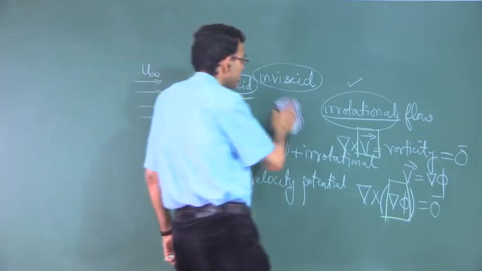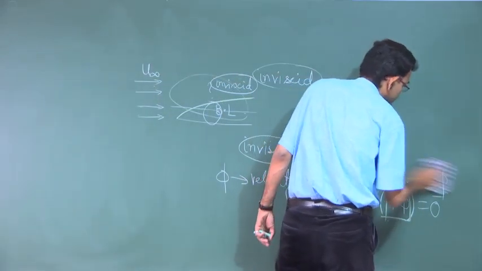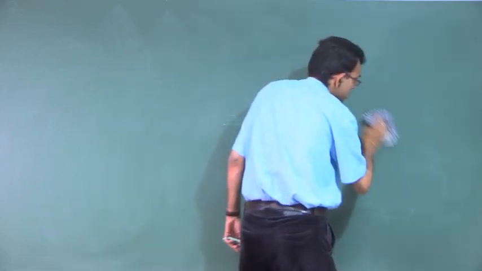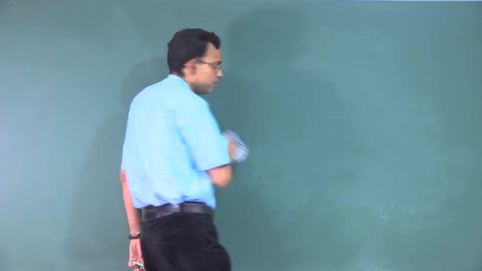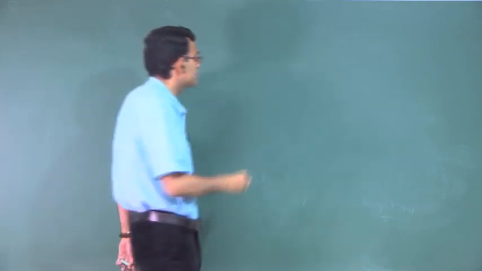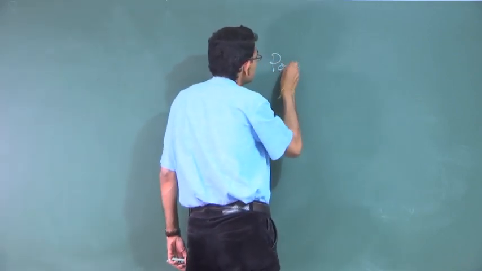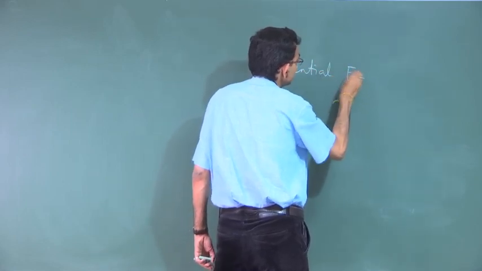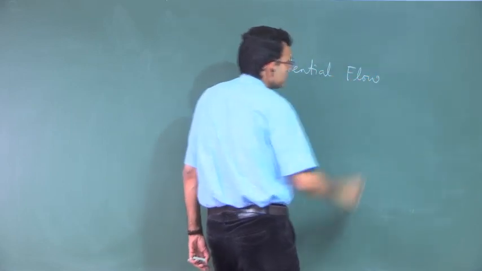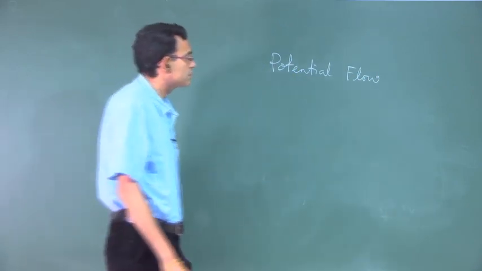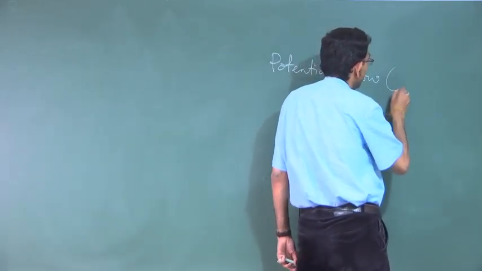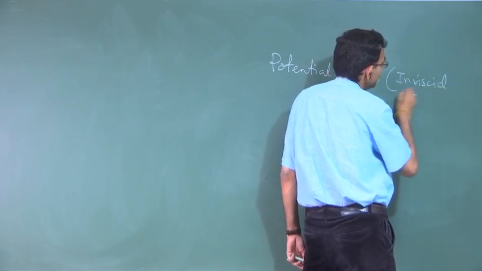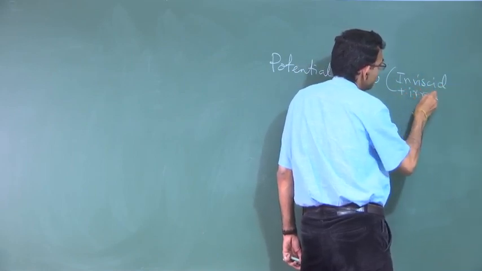So, with this background we will start with this chapter of potential flow. This is essentially inviscid plus irrotational flow.